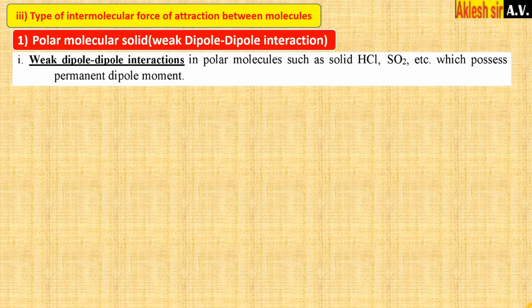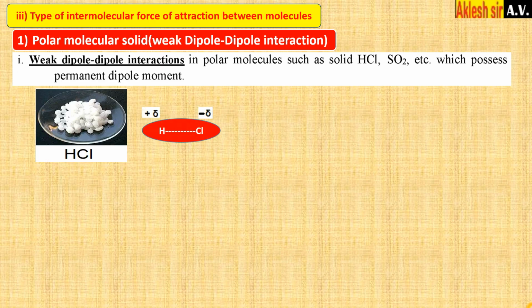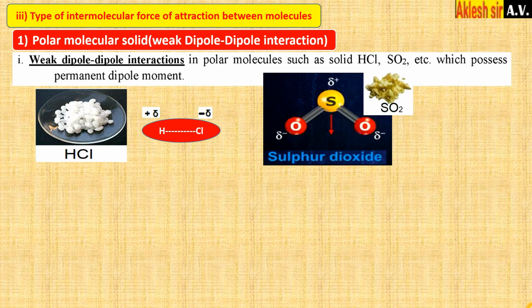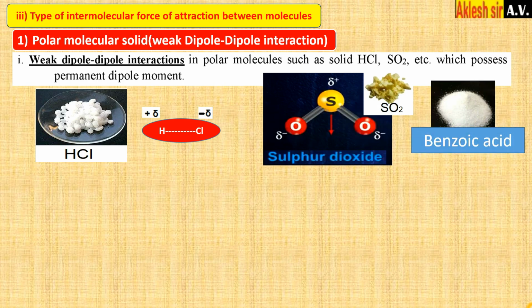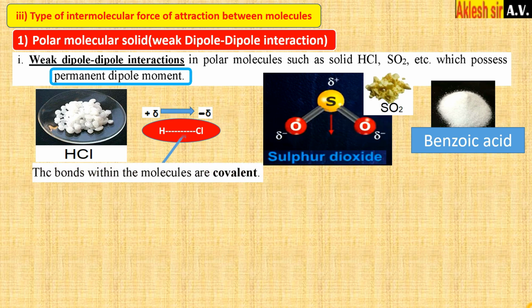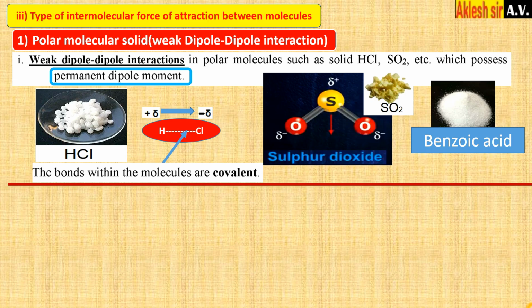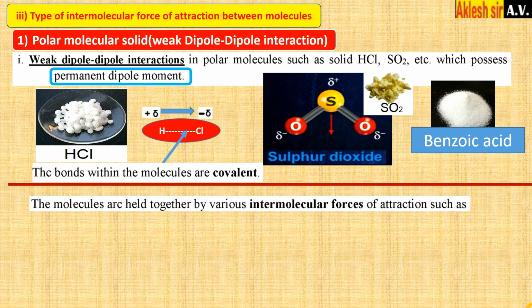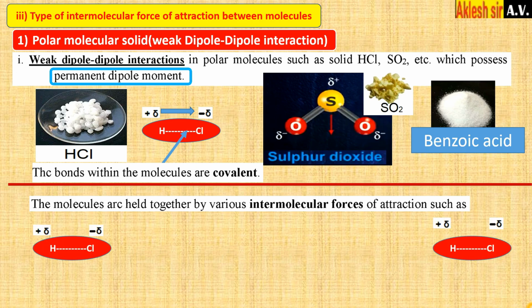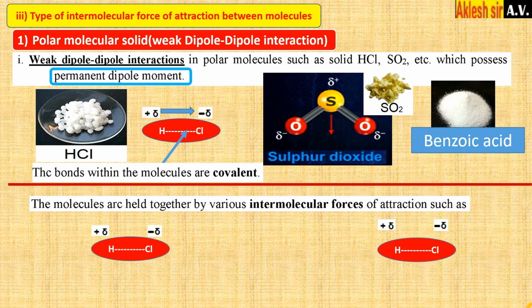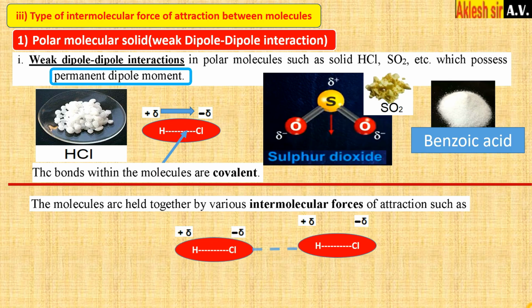In polar molecules such as solid HCl, solid sulfur dioxide, benzoic acid, etc., which possess a permanent dipole moment, the bonds within the molecule are covalent. The molecules are held together by weak intermolecular forces of attraction, e.g. HCl. Here HCl interacts with other HCl molecules by weak intermolecular force of attraction.